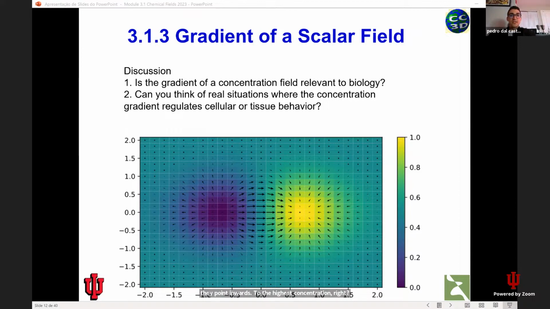So give me two examples of relevant gradient fields in biology. Two examples where the gradient regulates the cellular behavior. Melanie gave one, very good one.